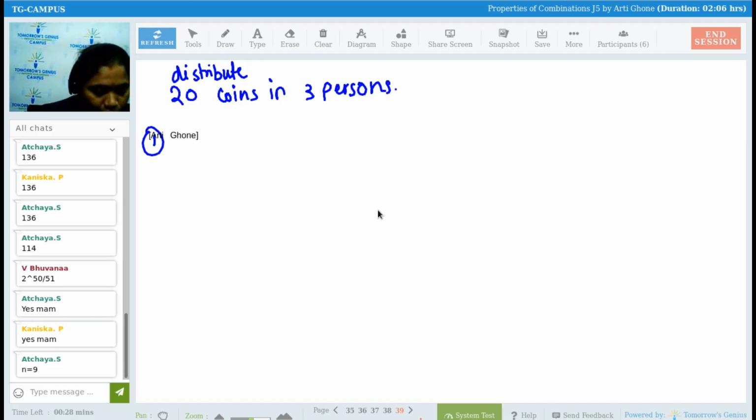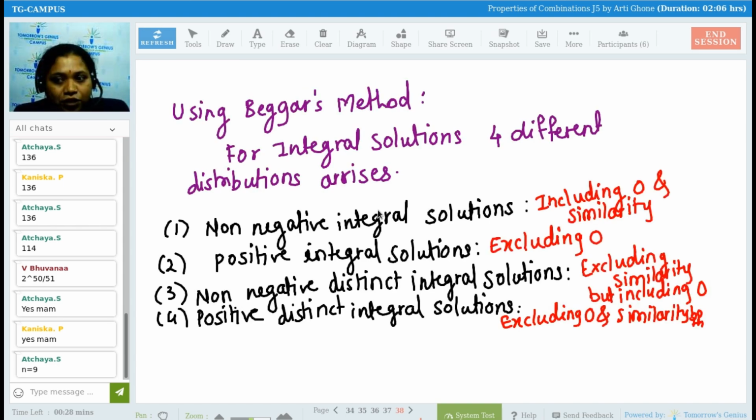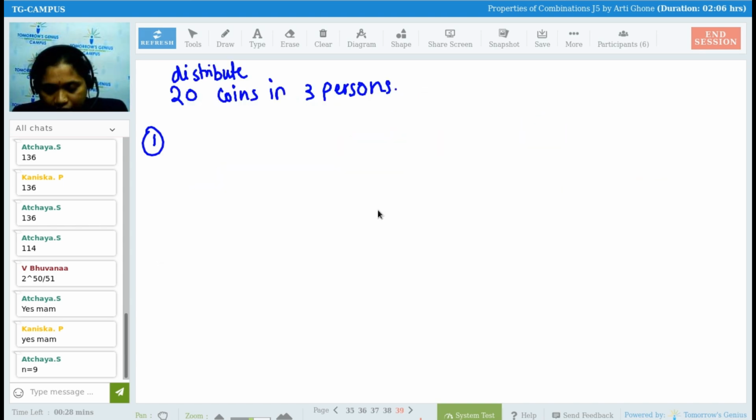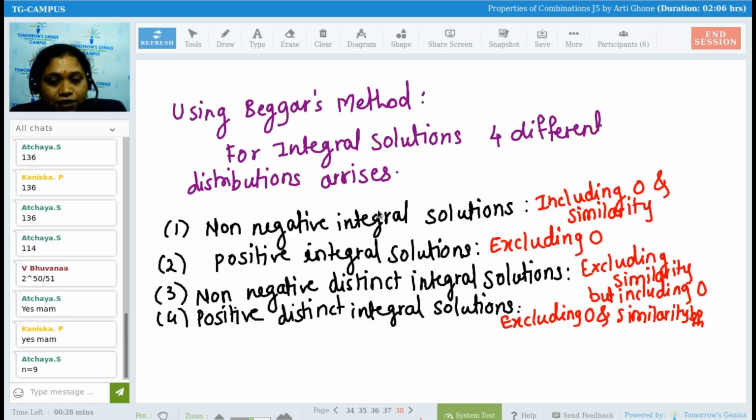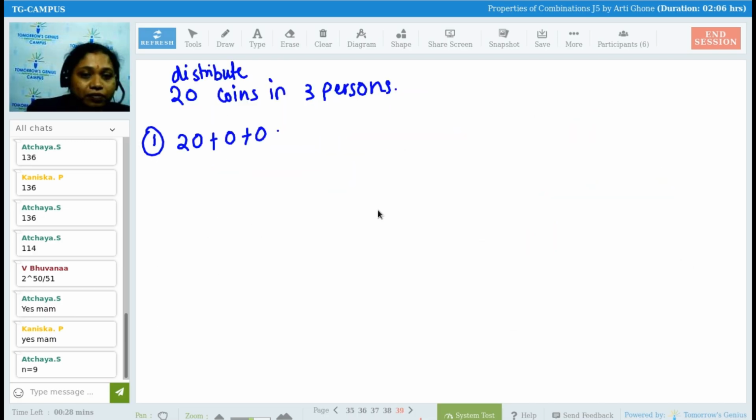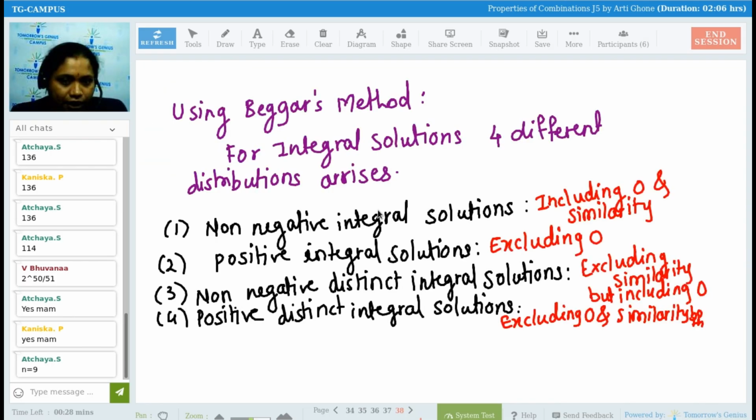First case: which case will not work, I am telling. Case 1 is including zero and similarity, meaning zero is also fine. 20, 0, 0 can be done in case 1. Clear? This is an acceptable case of case 1. Then the next one, excluding zero. Zero is not required and positive integer, so we can say 18 plus 1 plus 1. This can be one of the options for case 2. The pattern of case 2 is like this.